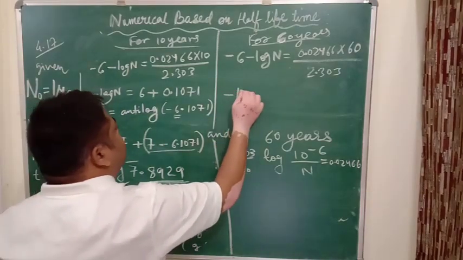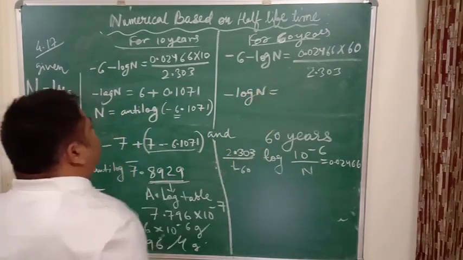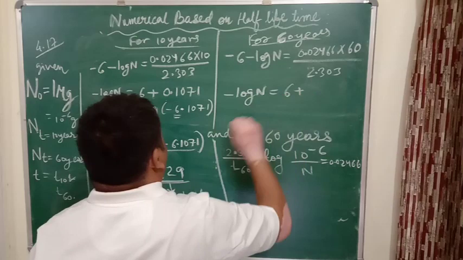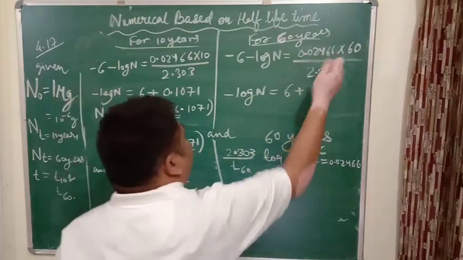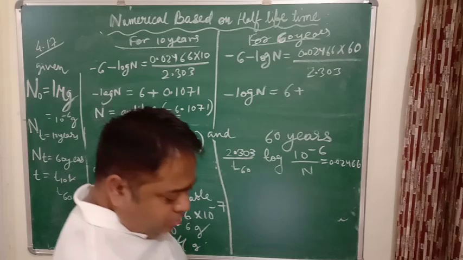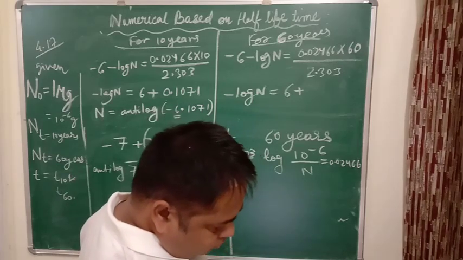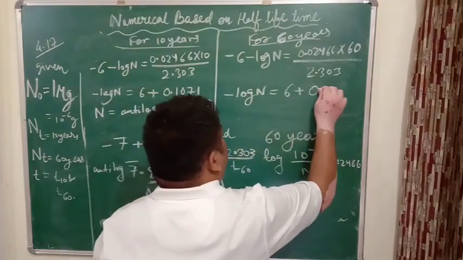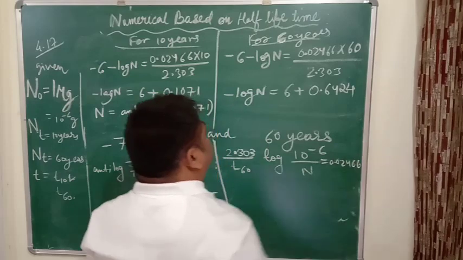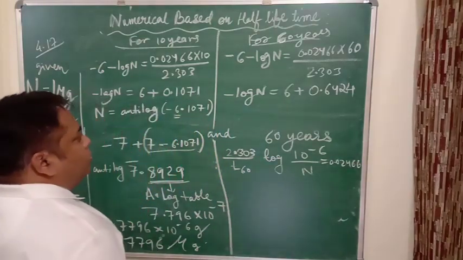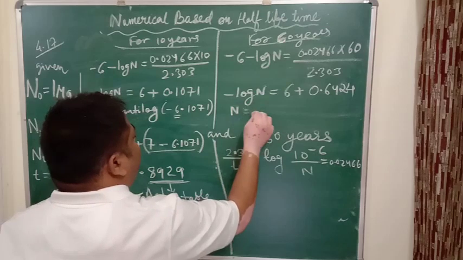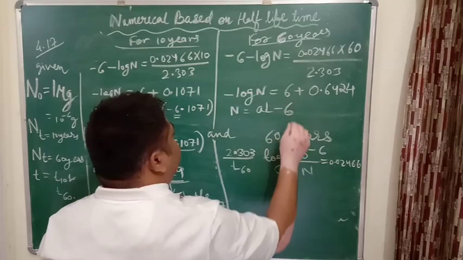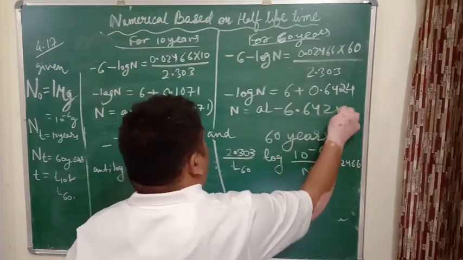Similarly, minus log n will be equal to 6 plus whatever this value will be. This value is coming out to be 0.6424. So n will be nt log 6 minus 6.6424.